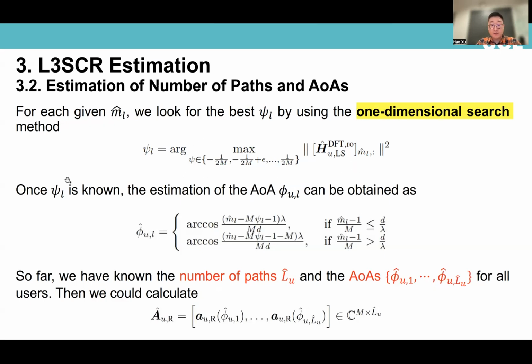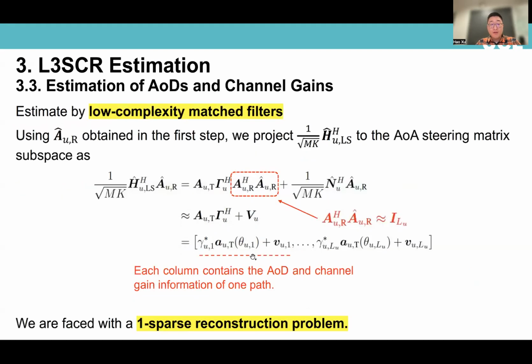Once phi L is known, the estimation of the AOA phi UL can be obtained as follows. So far, we have known the number of paths LU hat and the AOAs phi for all users. Then we could calculate the matrix AUR hat. This is the first step for estimating the sparse parameters.